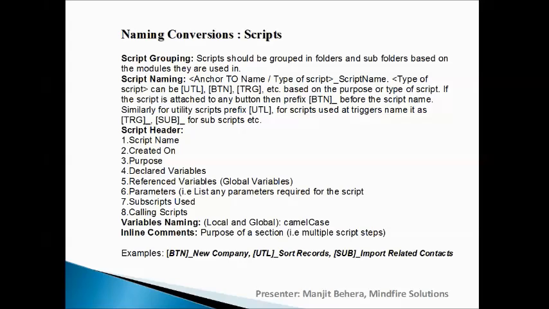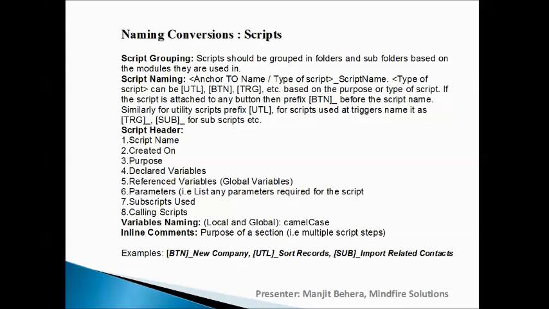Then the seventh point is the subscripts used, that means the scripts called from this script. Then the last is the calling scripts, that means which script is calling the current script, that must be there.